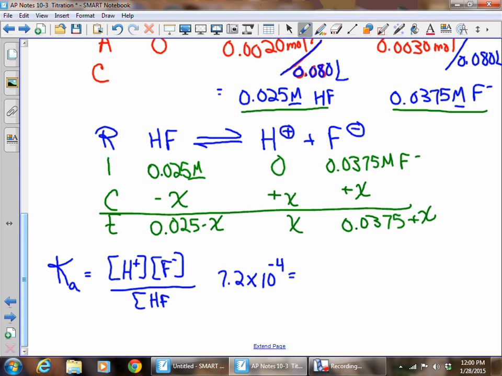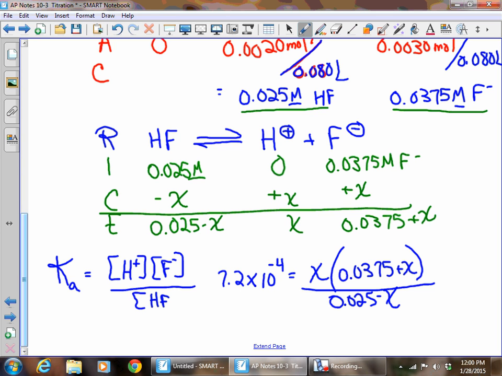And that's going to be equal to X for our H plus times the 0.0375 plus X for our F minus, and then on the bottom our 0.025 minus X. Remember, that's approximately equal to X times 0.0375 over 0.025. We can neglect those X's.